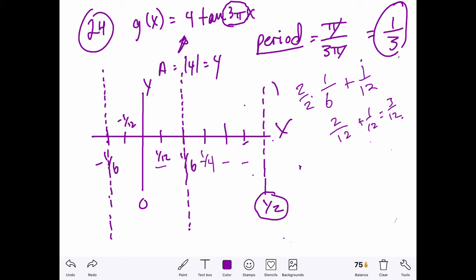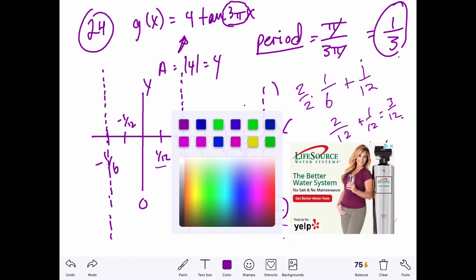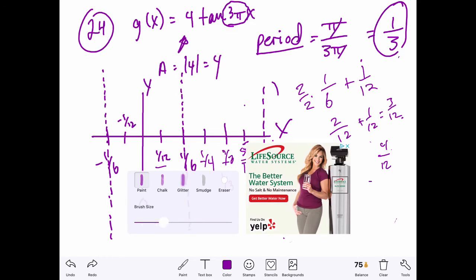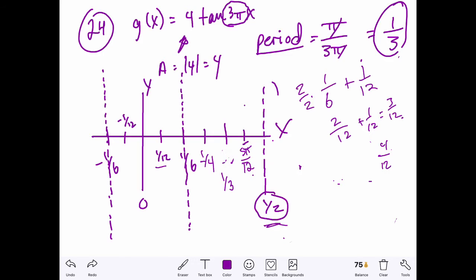And then 3/12 plus a 12th is 4/12, and that's a third. And then our next one would be 5/12, and plus one more 12th would be 6/12 or a half. Okay, so I can always find all those locations if I need to and do a second period.